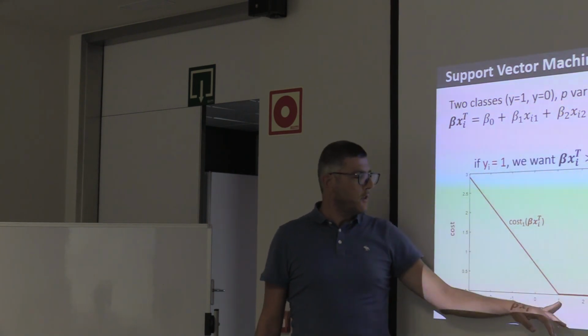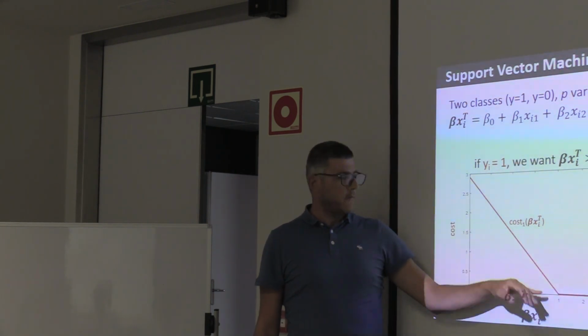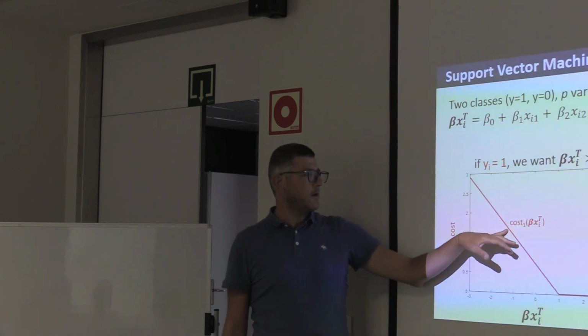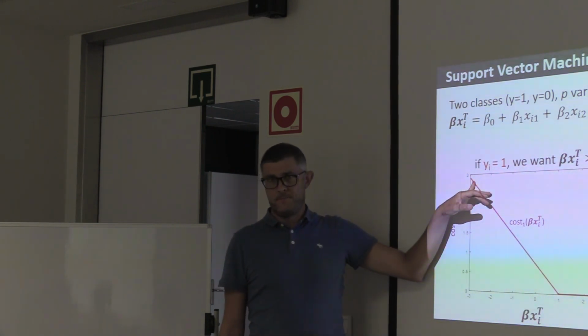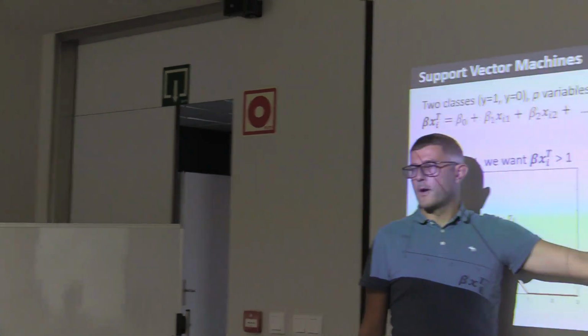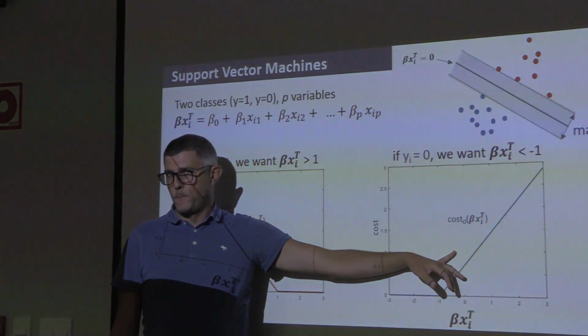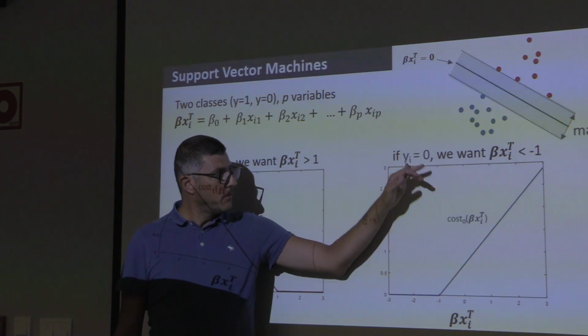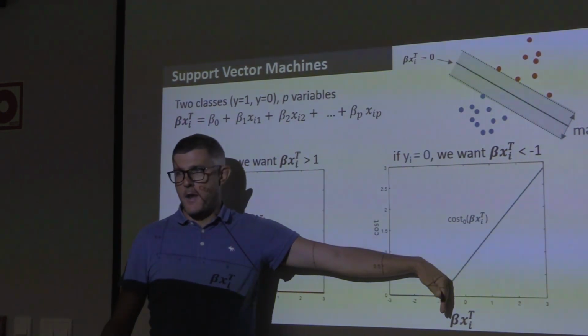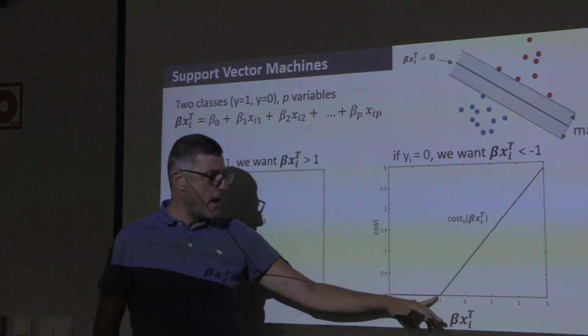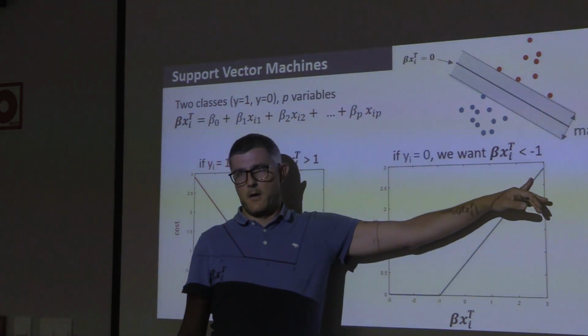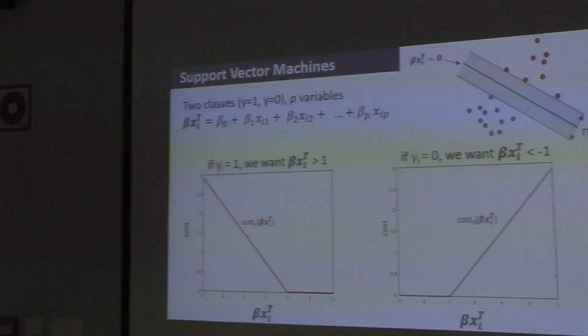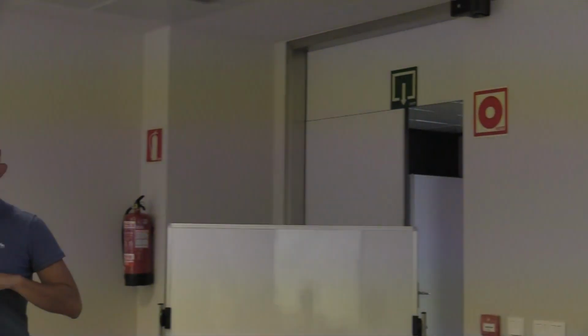If this linear combination is lower than 1 for this class, then you can see the cost is higher and higher. The opposite for the blue class. We want this linear combination to be lower than -1, otherwise the cost is higher and higher. This is the initial situation.